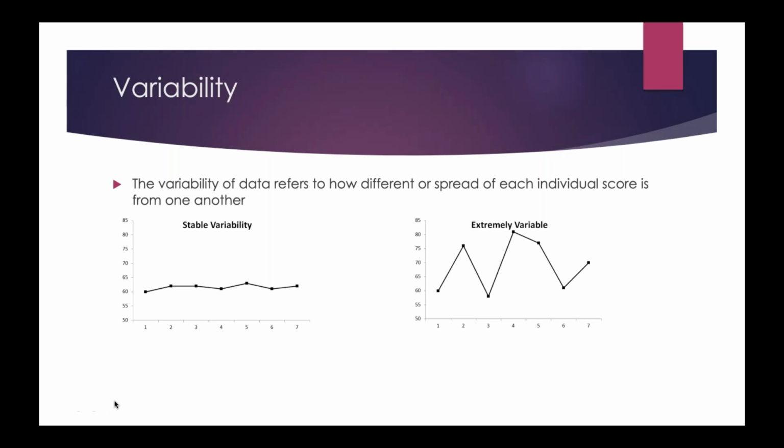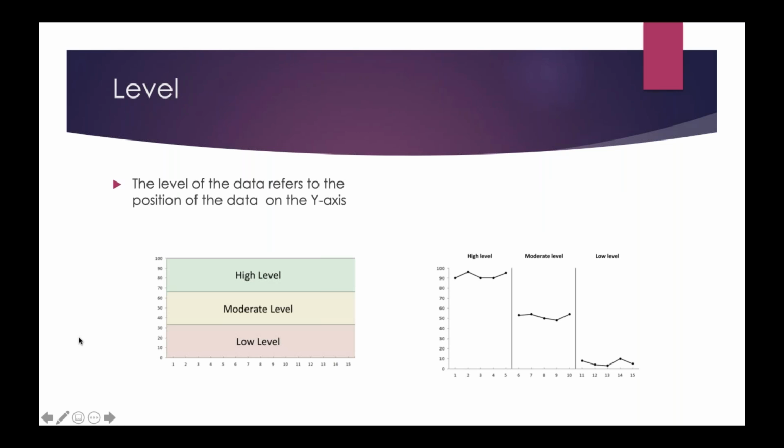So yeah, that's variability. And then the level of a graph refers to the position of the data as it is presented on the y-axis. So the lower it is on the y-axis, the lower the level, and then there's moderate and high levels. The graph on the right shows what data points would look like in each level.